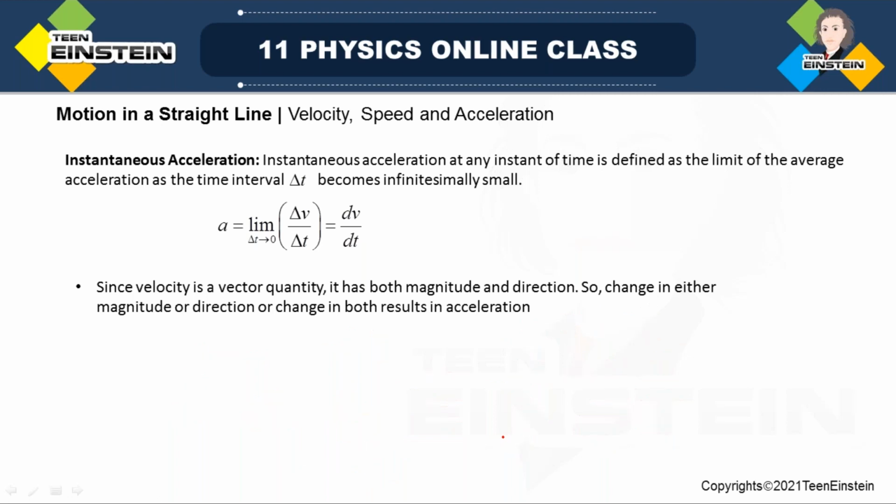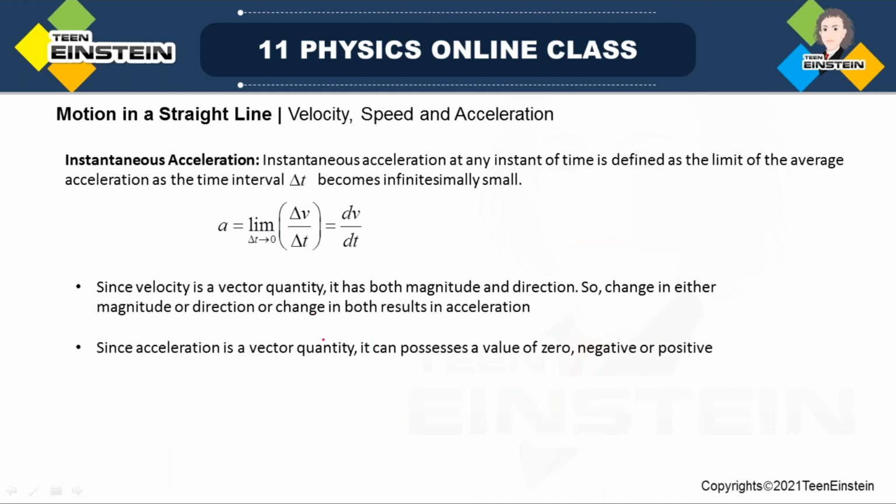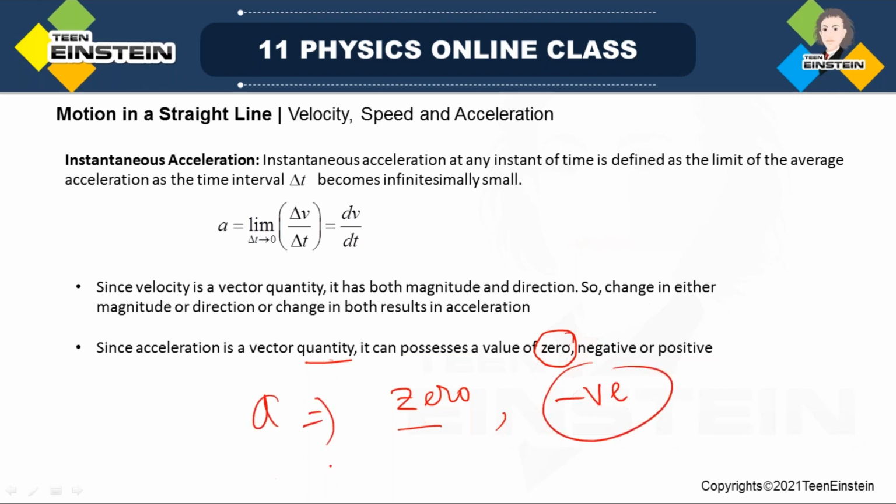Now, since acceleration is a vector quantity, any vector quantity can possess either a 0 value or a negative value. So acceleration can possess these values: either 0, it can be negative, or sometimes it can be positive as well.